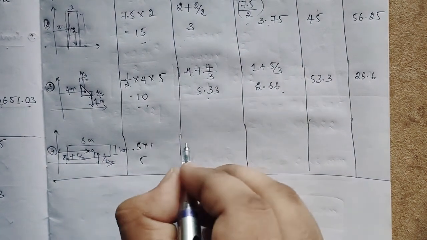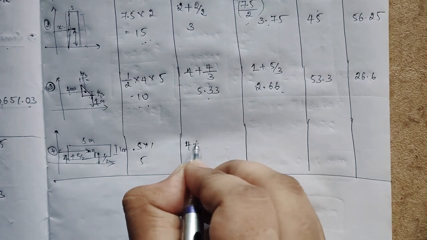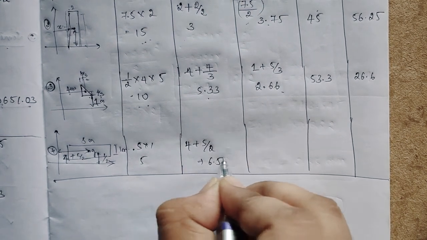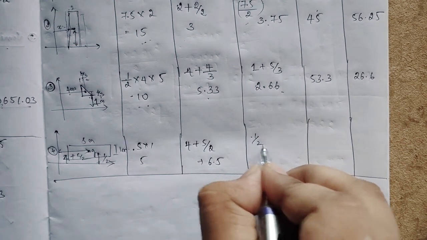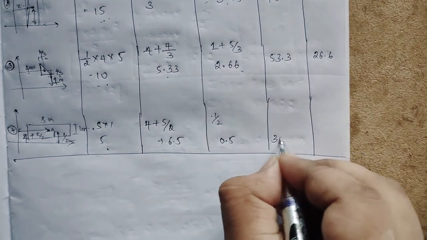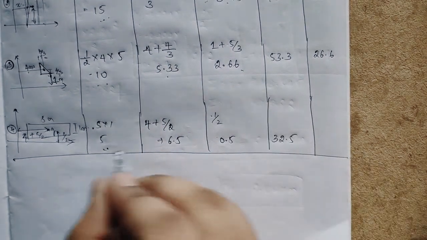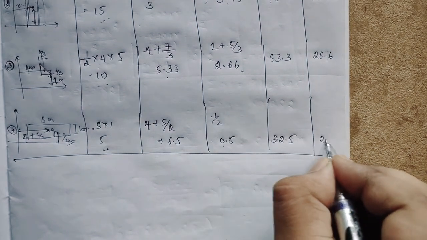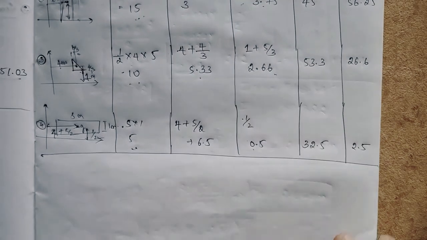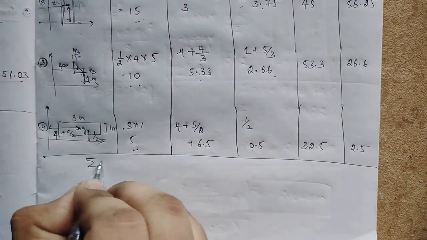X will be 4 plus 5 by 2, which is 6.5. The value of y will be 1 by 2, which is 0.5. The AX is 5 into 6.5, which is 32.5, and 5 into 0.5 is 2.5. So this is about the problem.